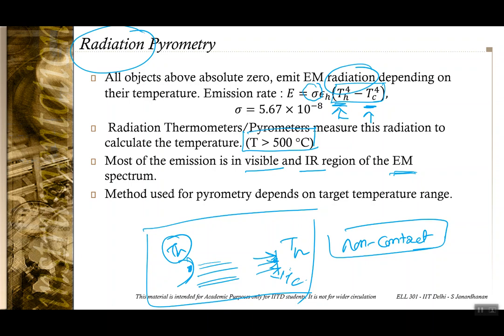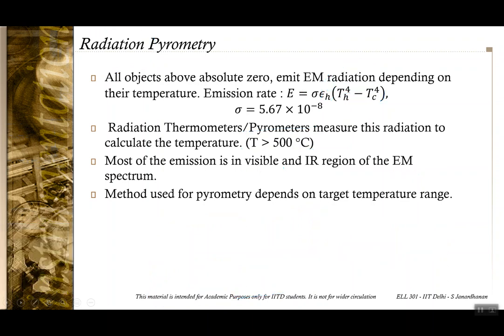That is one of the disadvantages of radiation pyrometry, because you need to know what this epsilon h is. Okay, and there are one or two different methods by which radiation pyrometry can be used, and the exact method will depend upon the target temperature range.